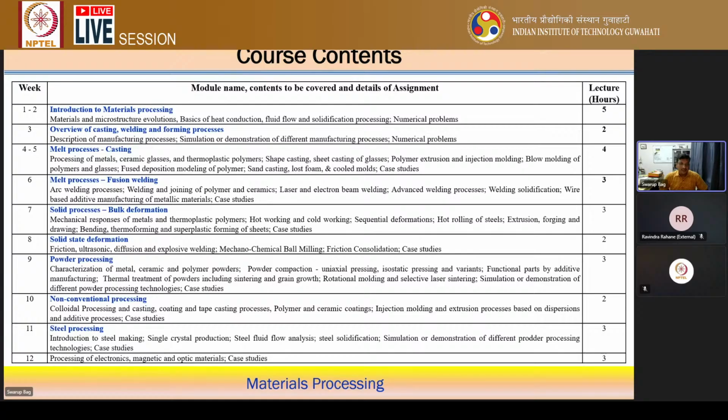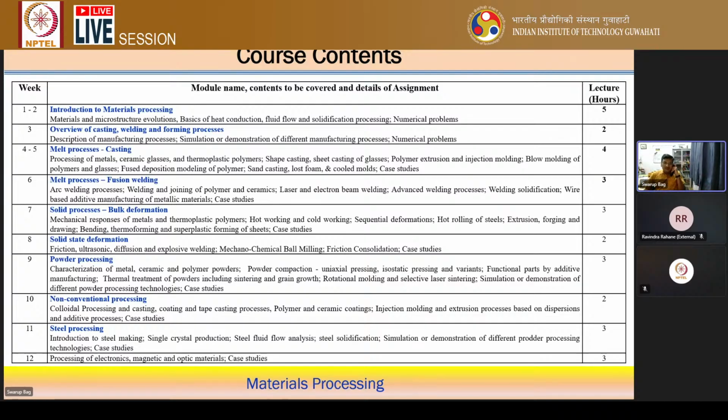And then we discuss the non-conventional processes. We can see the coating process and different additive processes, mainly discussed under the non-conventional processes, which are not covered in the other conventional material processing technologies. And then finally, we focus on steel processing, because it is very important.